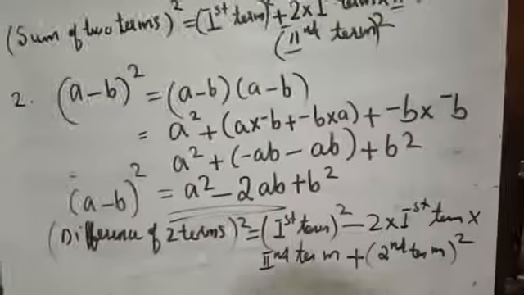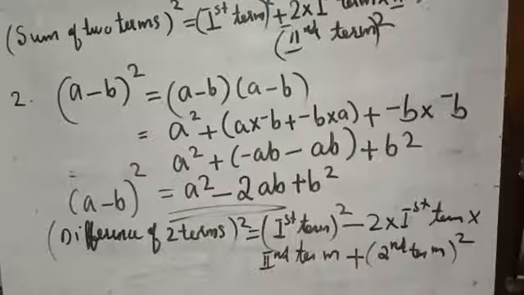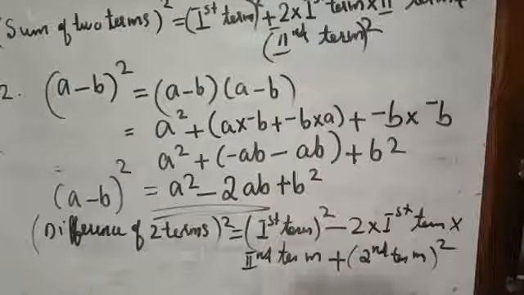So sum of two terms is equal to first term square plus 2 into first term into second term plus second term square. Then what is a minus b the whole square? A minus b means difference of two terms.